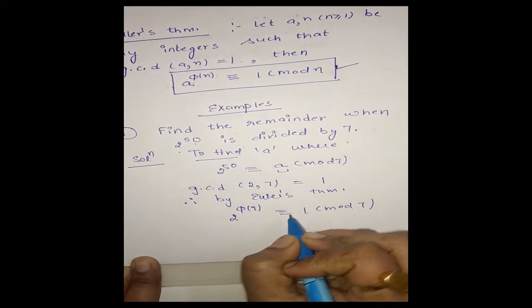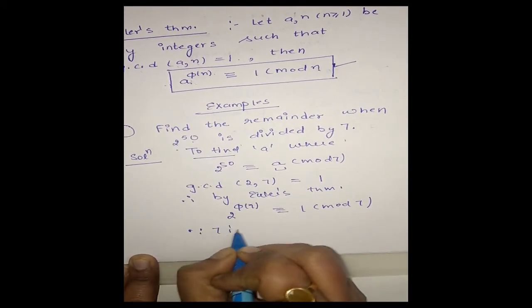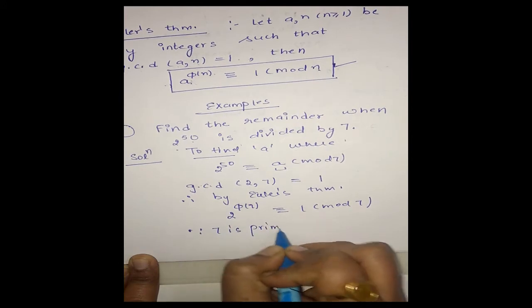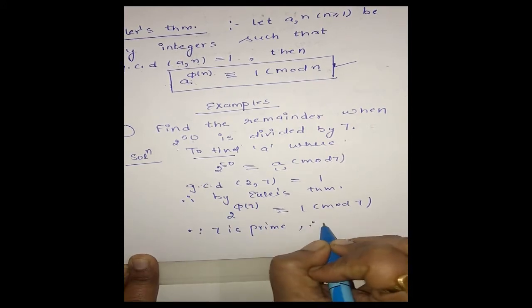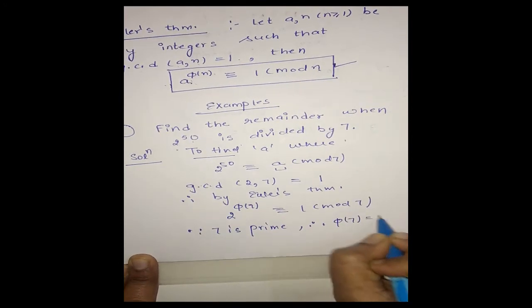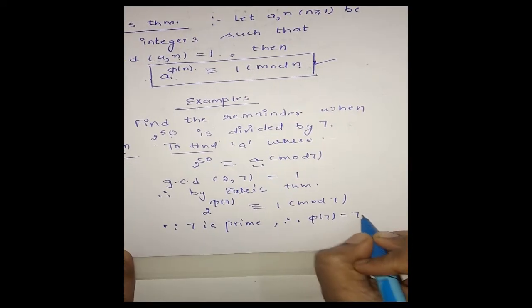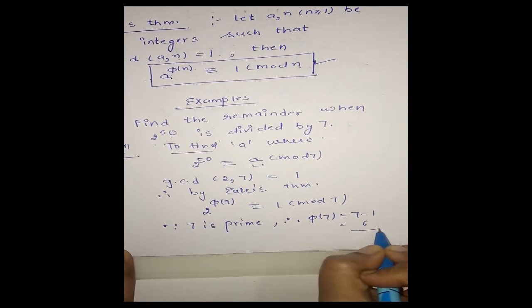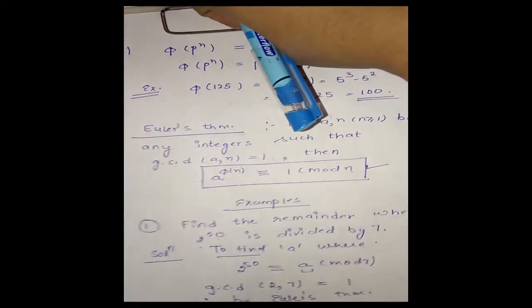Now since 7 is prime, therefore phi of 7 is equal to 7 minus 1, which is 6. Okay, therefore we have this.